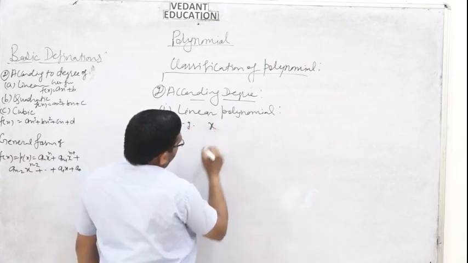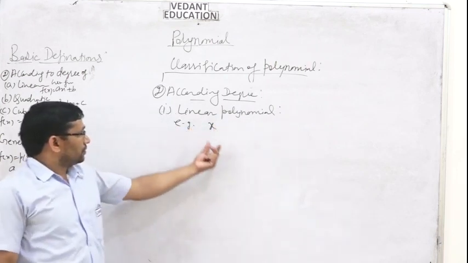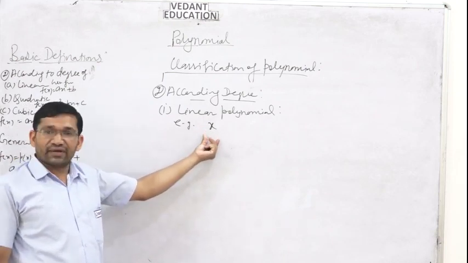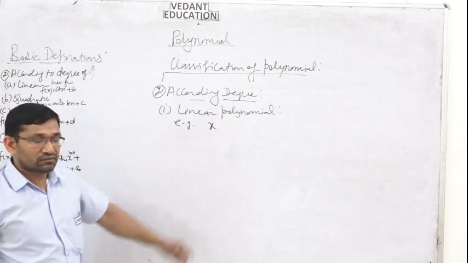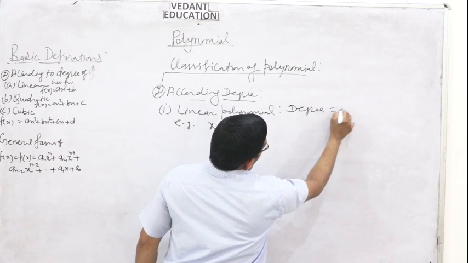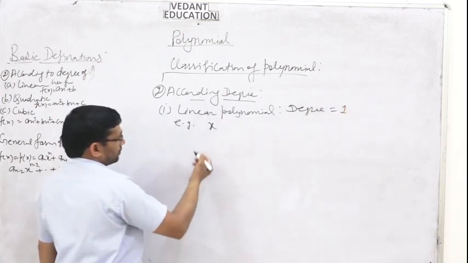Example, suppose x. This is a linear polynomial because the degree of x is 1.